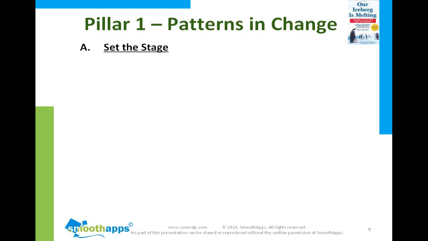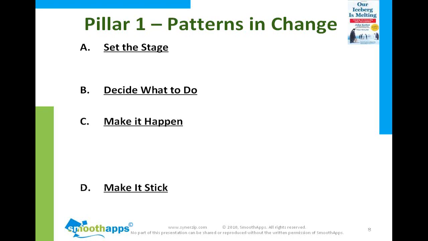We just need to use it. Kotter divided his process into 4 phases. First, you set the stage for the transformation. You decide what the transformation is all about. You make it happen, and then you make it stick so that you do not regress back to the old culture.